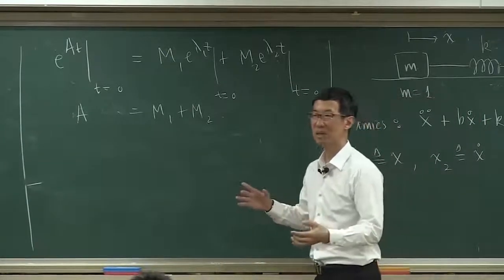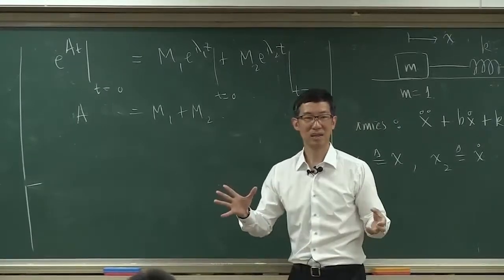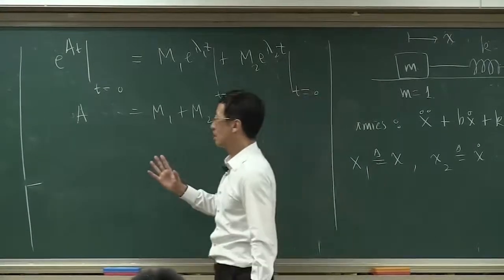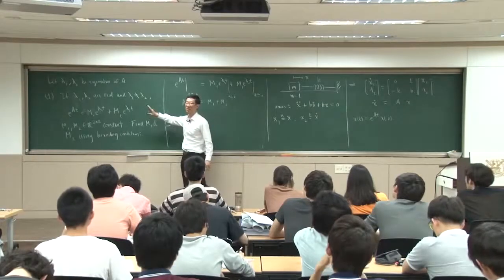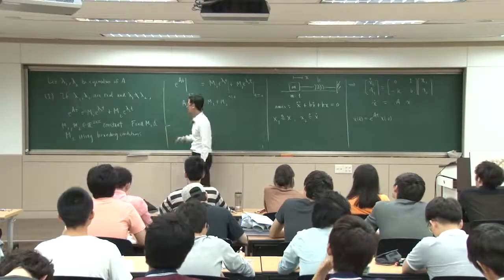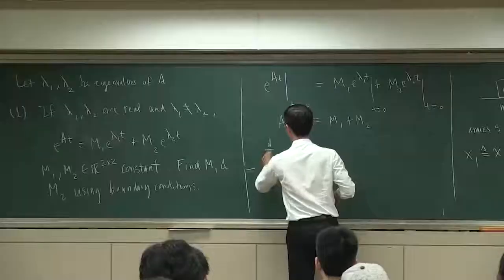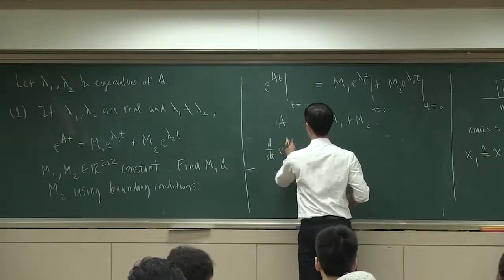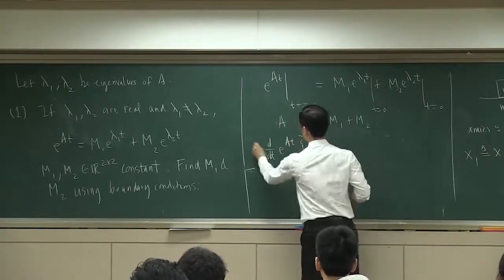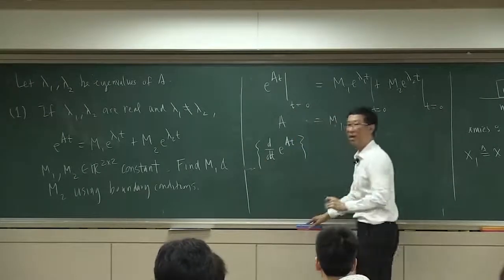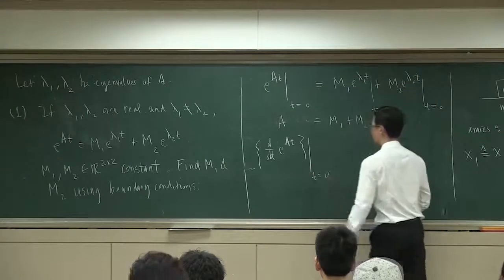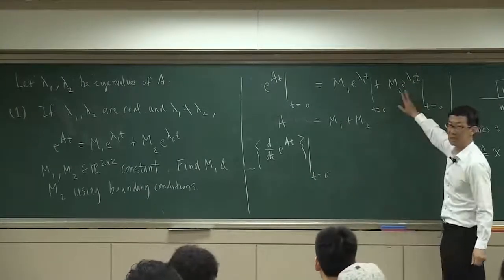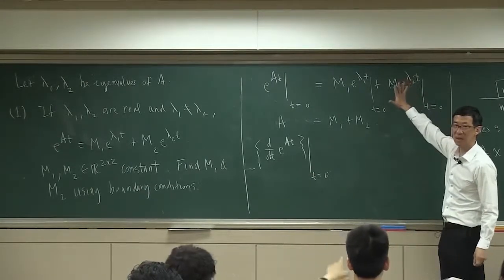Second boundary condition, we need something that's independent. This always works: take the derivative of both sides. Take the derivative d dt of e to the At, and evaluate this at t equals 0.